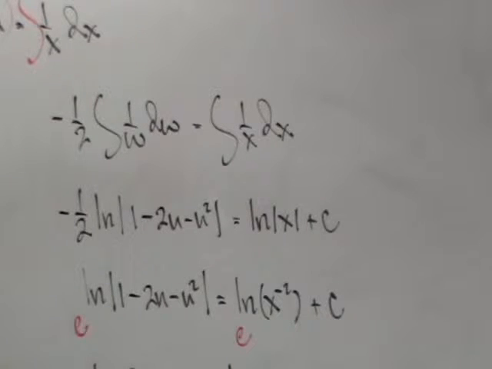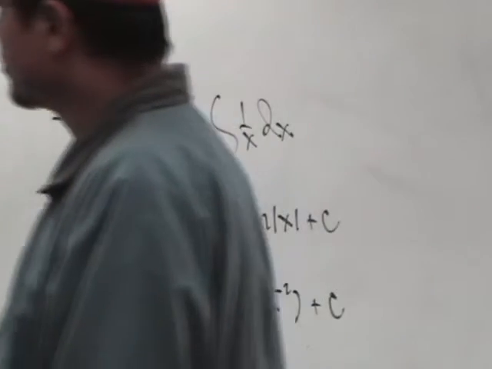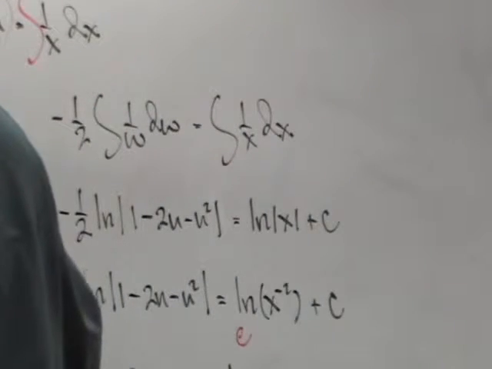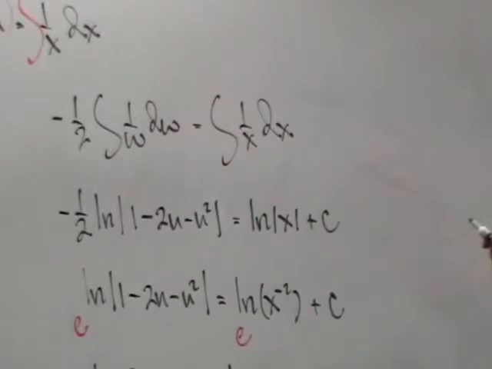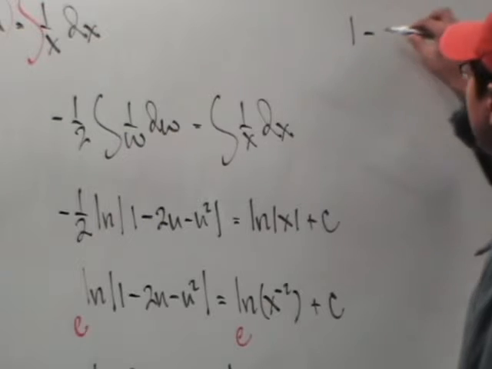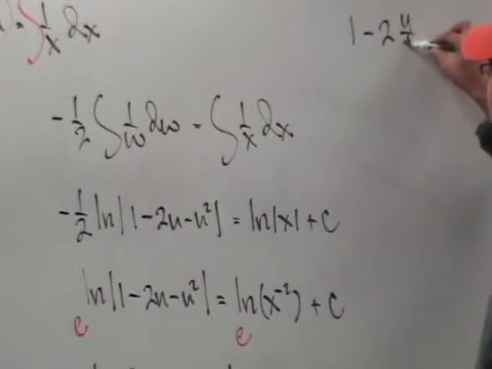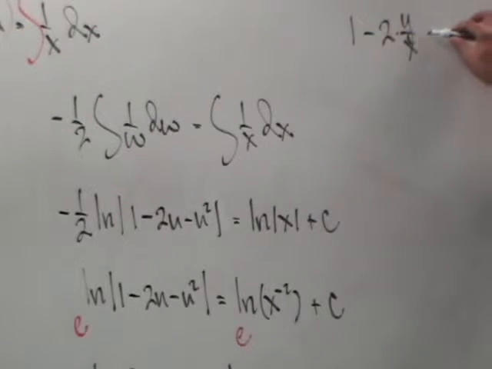Everybody's good? So far so good, right? So now I'm going to go back to my u. u was y over x, so put it back to that. So you get 1 minus 2y over x minus y squared over x squared equal to a over x squared. Now you can see it would look a lot better if I multiply everything by x squared.